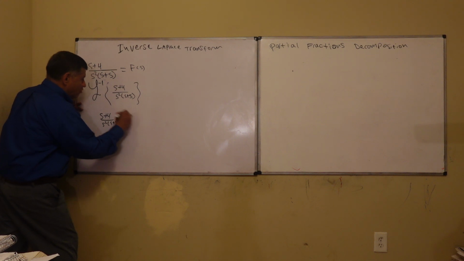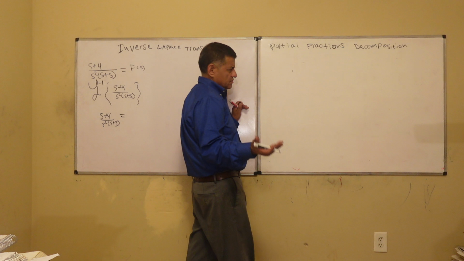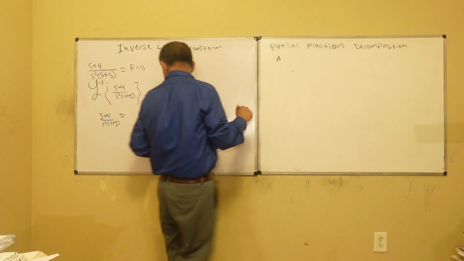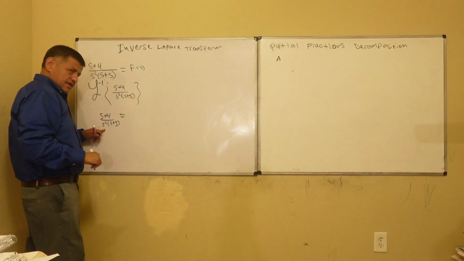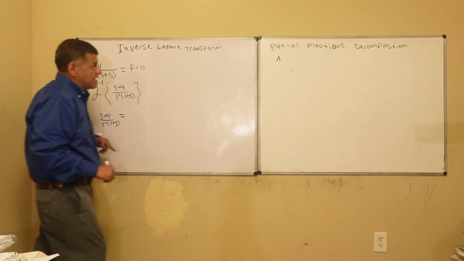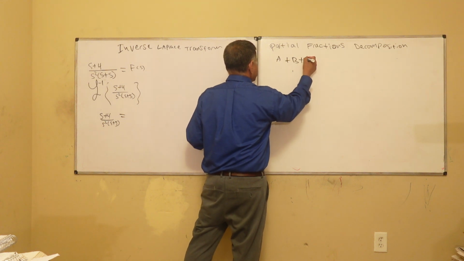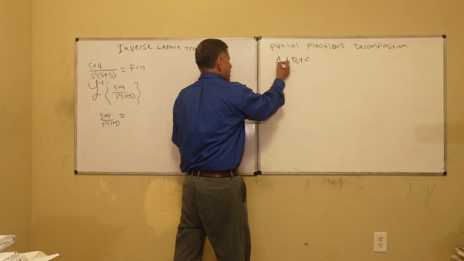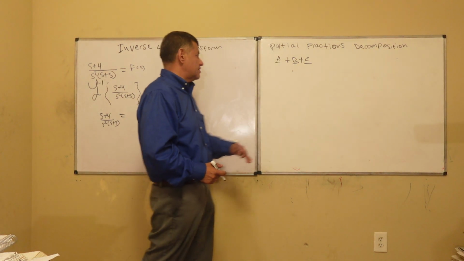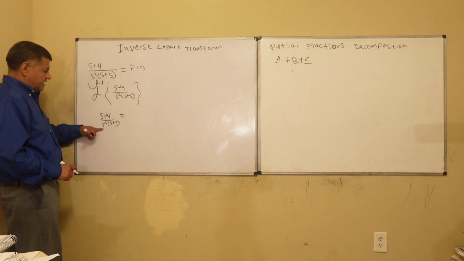Now I want to make it a partial fraction, which means we're looking for a, b, c. At least we're looking for 3 here. Since we have s cubed, we'll have a plus b plus c over something at the bottom. I don't know yet what the bottom is, but identifying the problem, I can see it.